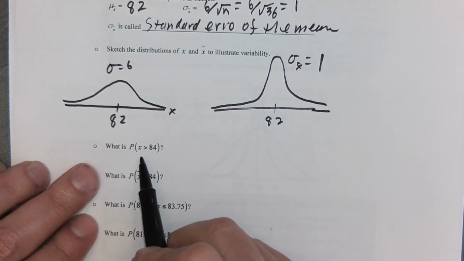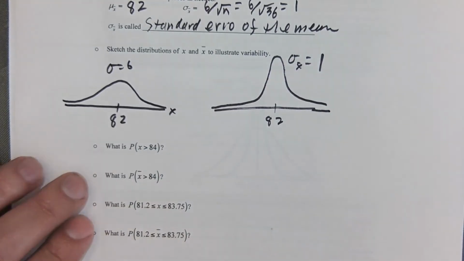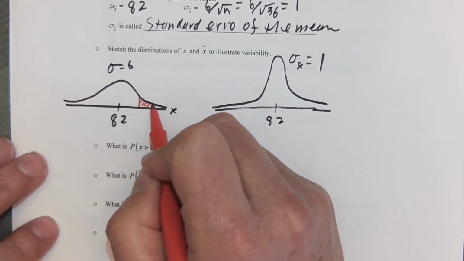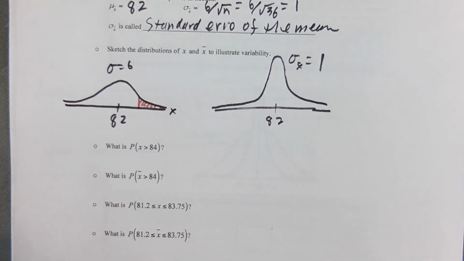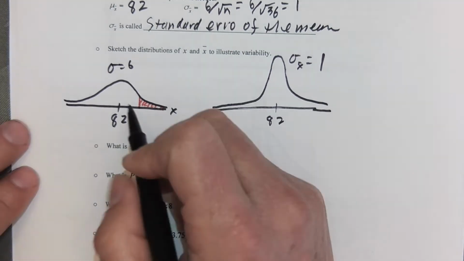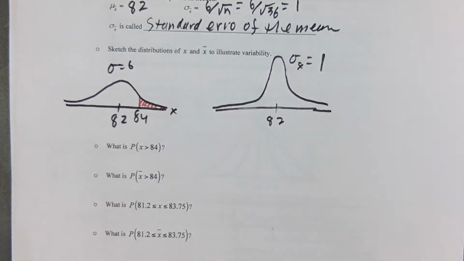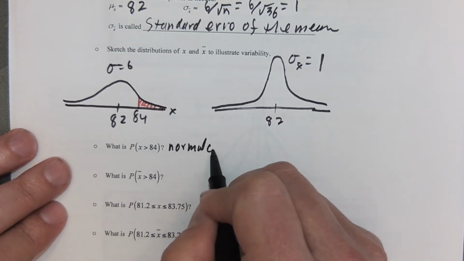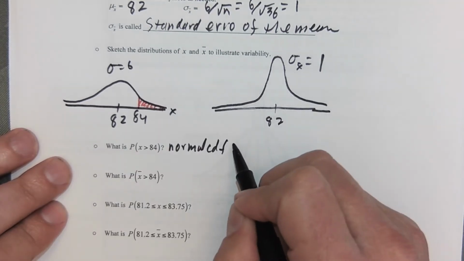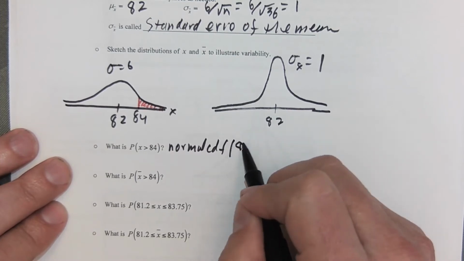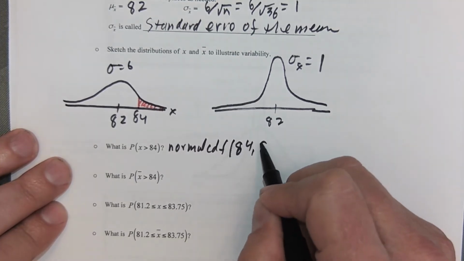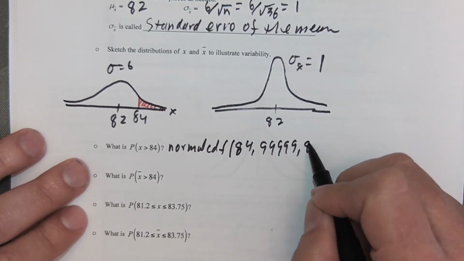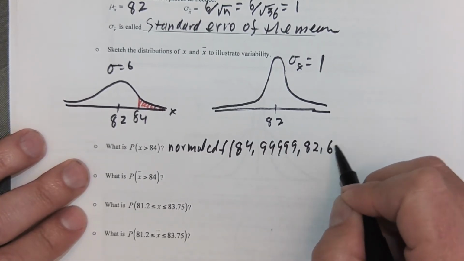And what is P of x bigger than 84? Well, that is here. 84 is here. Well, this is going to be normal CDF, because we're looking for area or probability of 84 off to infinity with a mean of 82, standard deviation of 6.